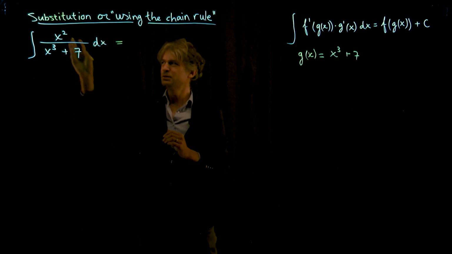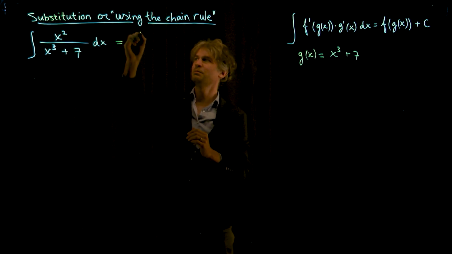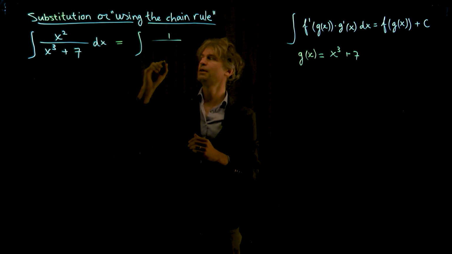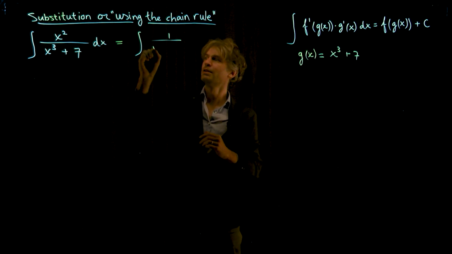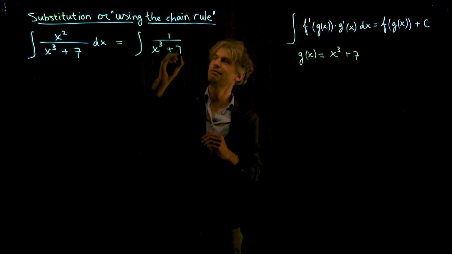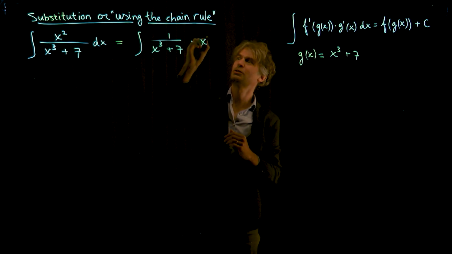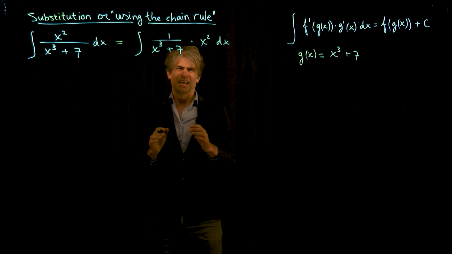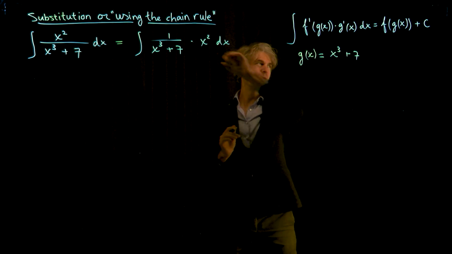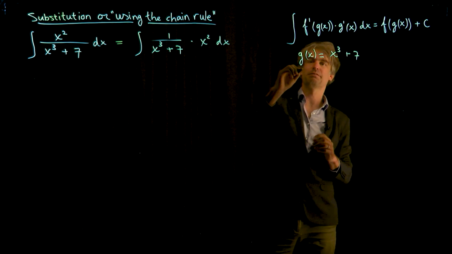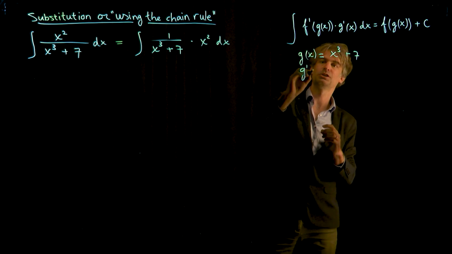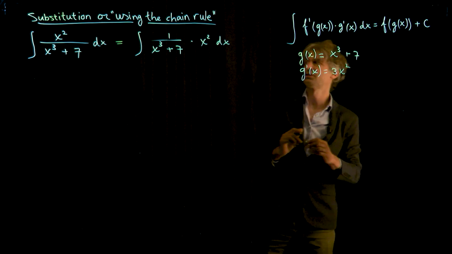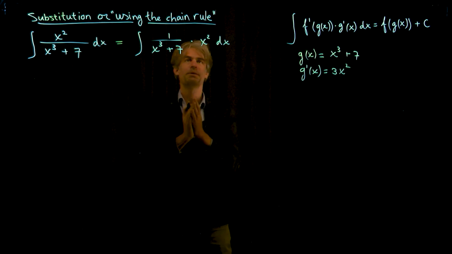Then I'm going to take out this x squared to make the shape of the integrand a bit clearer compared to this rule. So you have 1 over x cubed plus 7 times x squared dx. As I just said, x squared is not precisely this derivative. If I look at the derivative of g, it's 3x squared. So I'm missing this factor 3.